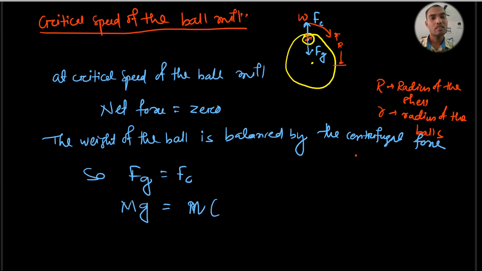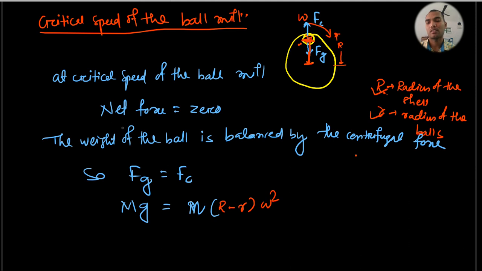Now what is the radius? If we observe, a lot of people make this mistake here. What is the radius? It's not the capital R, not the small r, but the radius from the center to the center of the ball, which is nothing but capital R minus small r. So this into omega square.